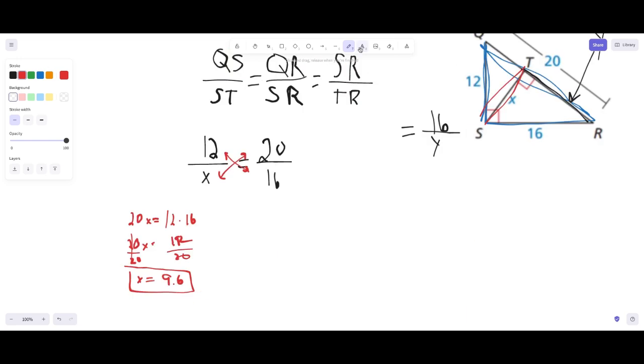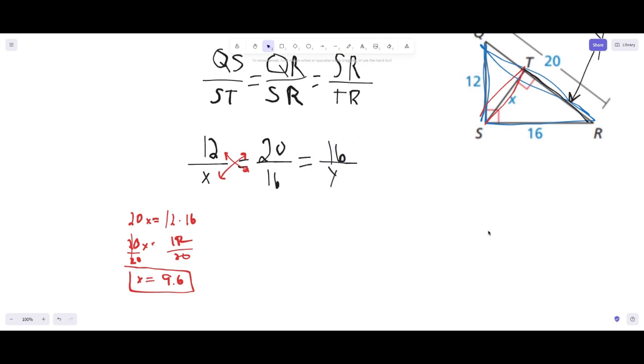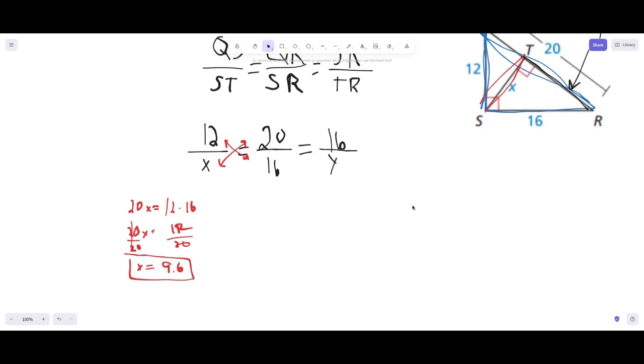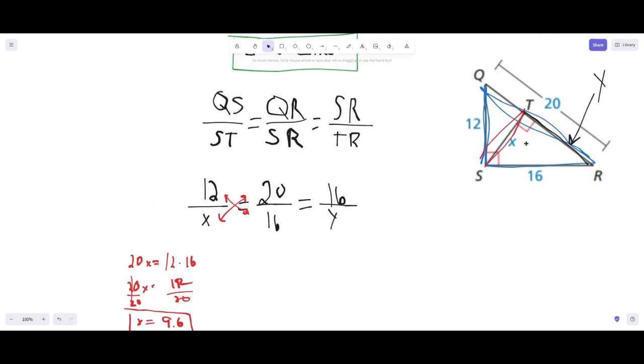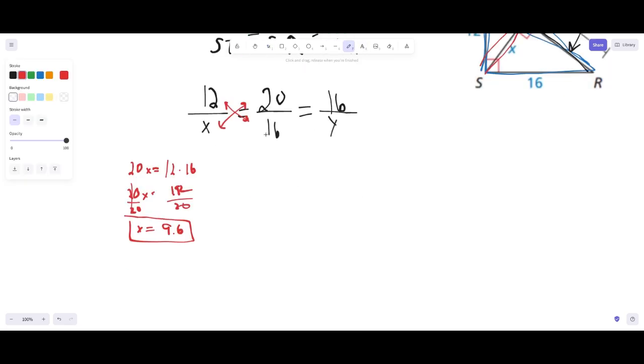Now let's bring this proportion back into the equation. You don't have to, but if you wanted to figure out the side length of TR, you could do the same thing. Let's take the same proportion again, the 20 over 16, and let's do cross multiplication. I'll use a different color so we can differentiate visually.